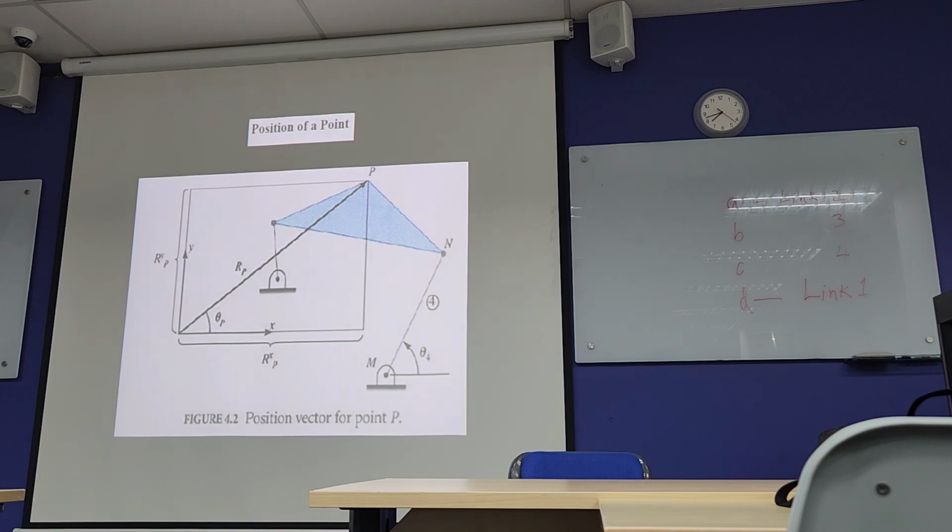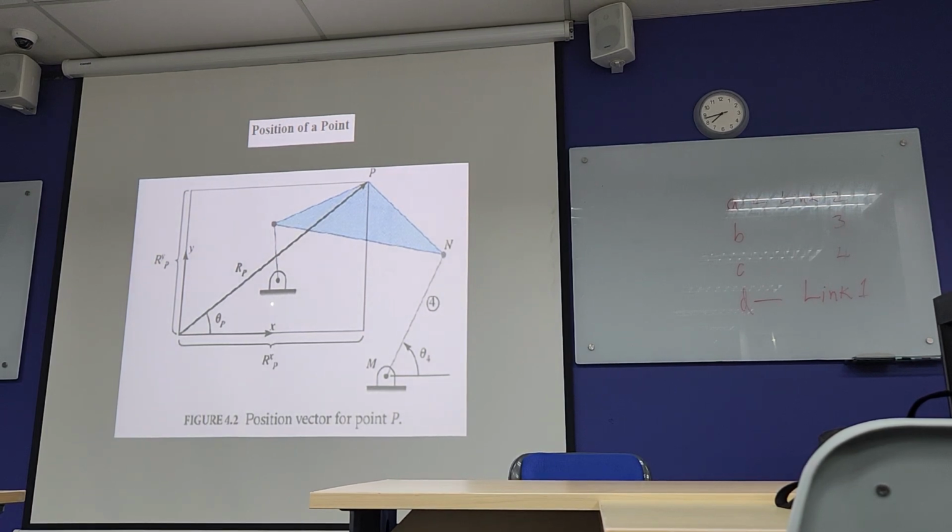Now if you look at the orientation of link 2, we write it as theta 2. Theta subscript 2 means we are talking about the orientation of link 2. Here theta 4 is the orientation of link 4. Then theta 3 is the orientation of link 3.